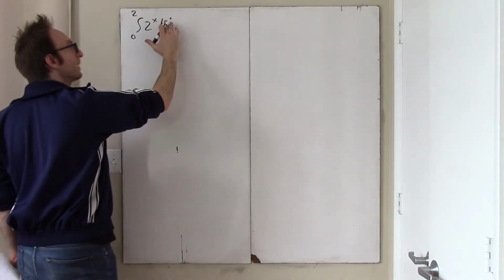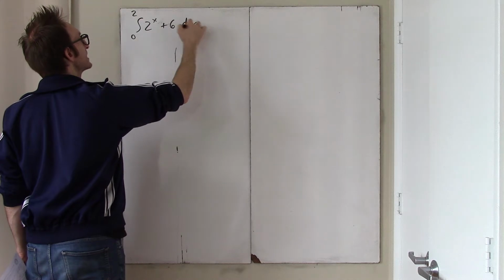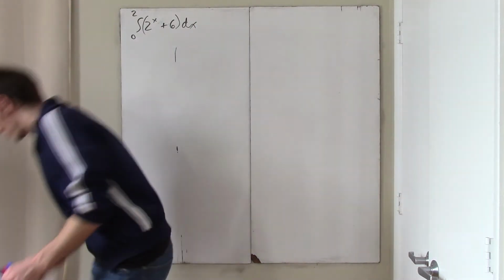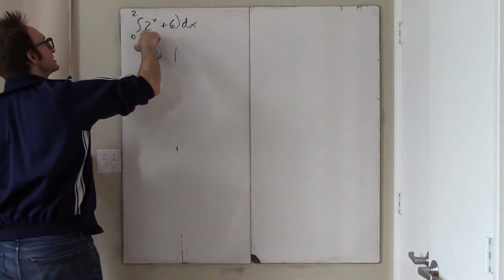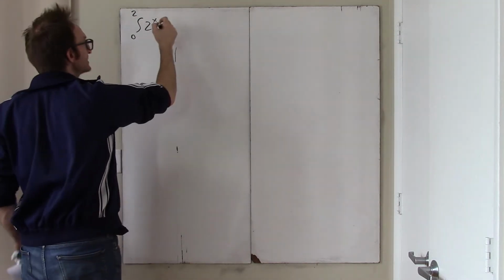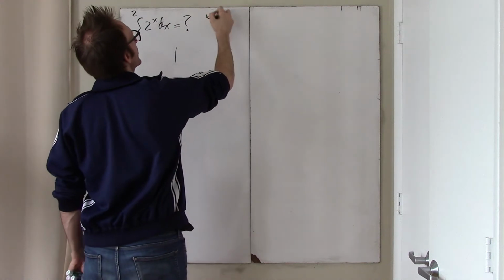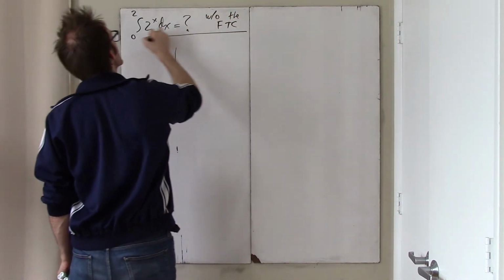I think the actual problem was 2 to the x plus 6, but of course that can be split up into two pieces, and so maybe the more interesting thing is to ignore the 6 and just ask, is this integral doable without the fundamental theorem of calculus?